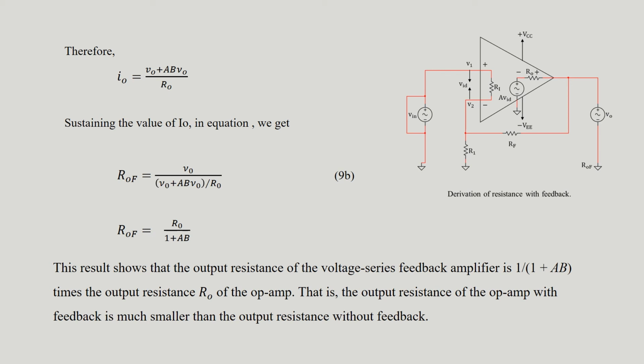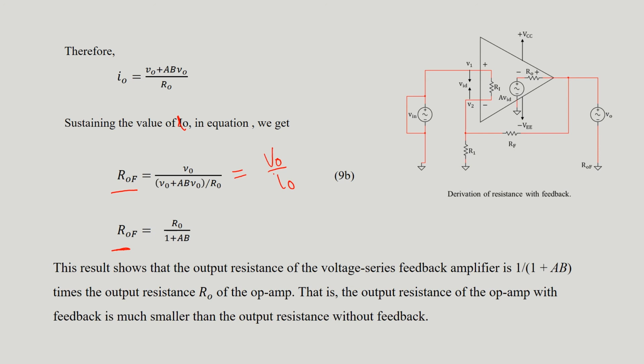So substituting the value of I naught, we get ROF equal to V naught divided by V naught plus ABV naught by R naught, because we started with ROF equal to V naught by I naught. So putting the value of I naught here, we get ROF equal to RO over 1 plus AB.